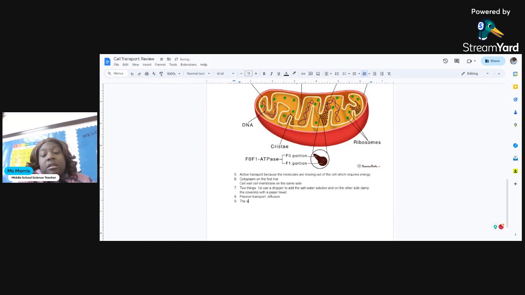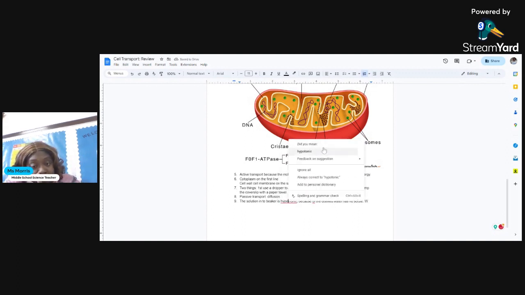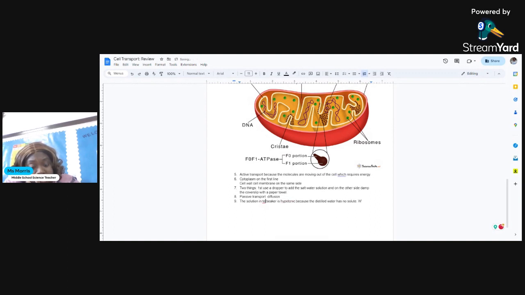In this case, the solution in the beaker is hypotonic because the distilled water has no solute, which is a lesser concentration of solute than that inside of the cell, period. All right, going on to 10.